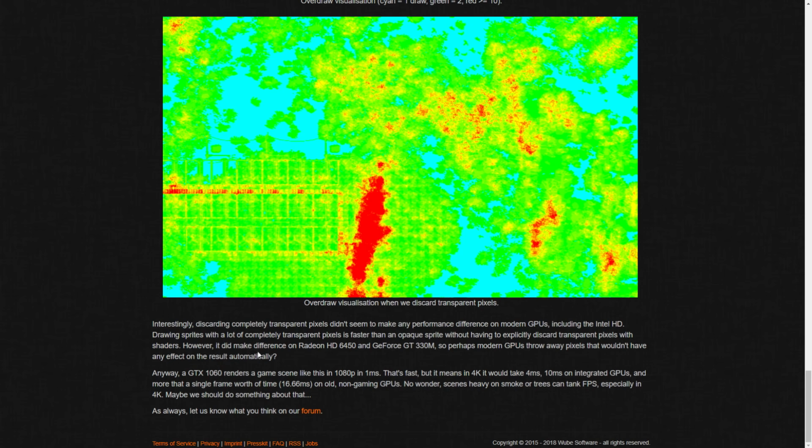So interestingly, discarding completely transparent pixels didn't seem to make any performance difference on modern GPUs, including the Intel HD. Drawing sprites with a lot of completely transparent pixels is faster than an opaque sprite without having to explicitly discard transparent pixels with shaders. However, it did make differences on Radeon HD 6450 and GeForce GT 300M, so perhaps modern GPUs throw away pixels that wouldn't have any effect on the result automatically.